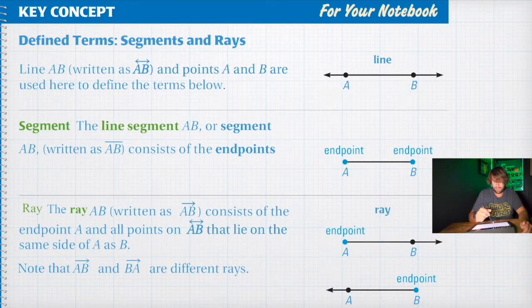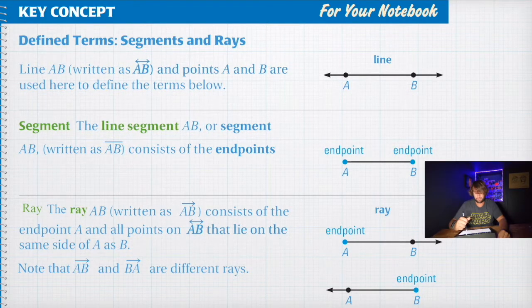The line segment AB, or segment AB, consists of the endpoints A and B. Ray. The ray AB, written as AB with the arrow over it, consists of the endpoint A and all points on AB that lie on the same side of A as B. So note that AB and BA are different rays.